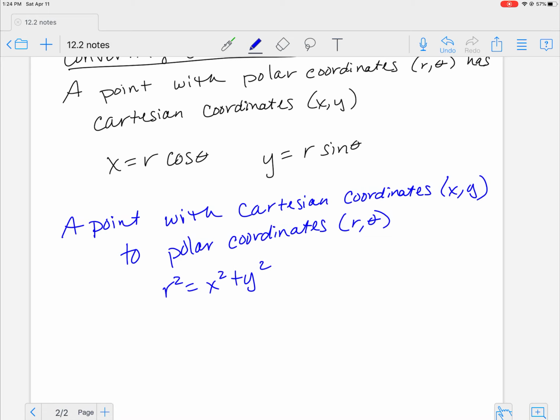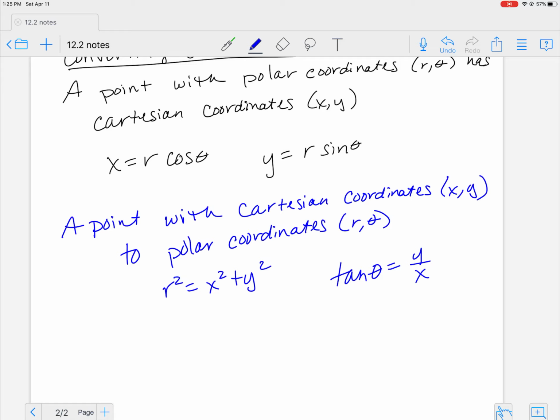So this is about the origin. So x squared plus y squared is equal to r squared. That's my circle about the origin. And that's how I'm going to get my radius. But in order to get theta, we have to use tangent because that deals with both x and y. And then you use the circle coordinates.